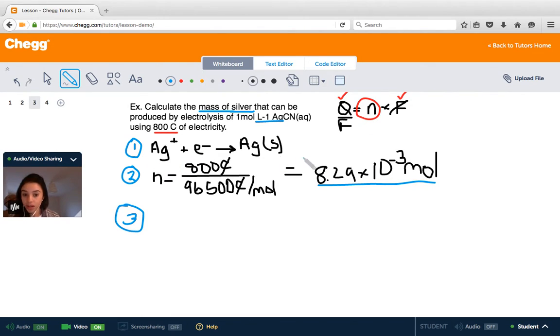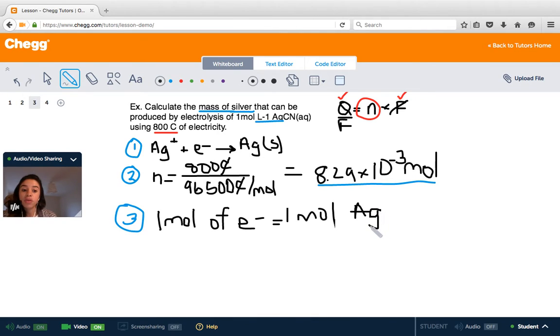We're just working with one here, so the number stays the same. So 1 mole of electrons produced 1 mole of silver atoms, equals 1 mole of the silver. So the number that we found for moles is fine. Our number doesn't change.